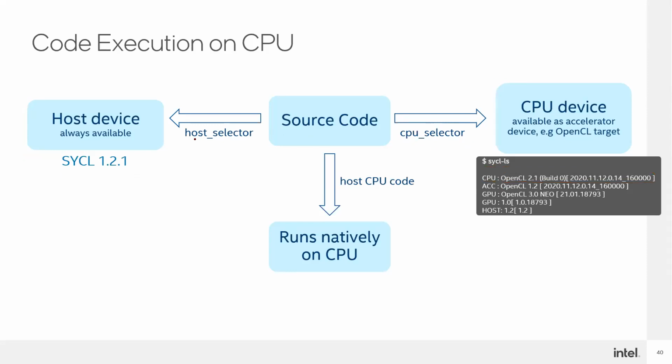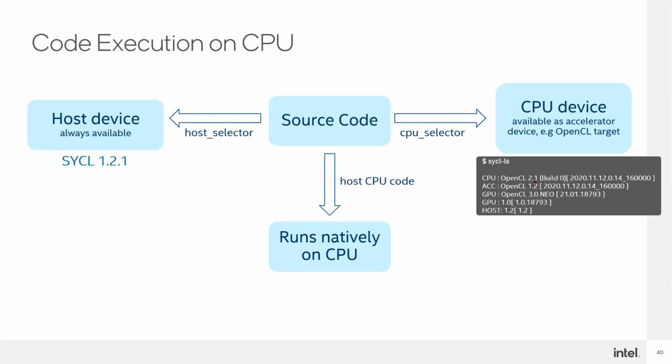And obviously there is a difference in the way the code executes. With host selector, the code will be executed natively, bypassing any additional layers, just executing on your CPU. And for CPU selector, it will go through the OpenCL layer, right? So it is the execution on CPU, but through the OpenCL layer, which probably will introduce some additional overhead.